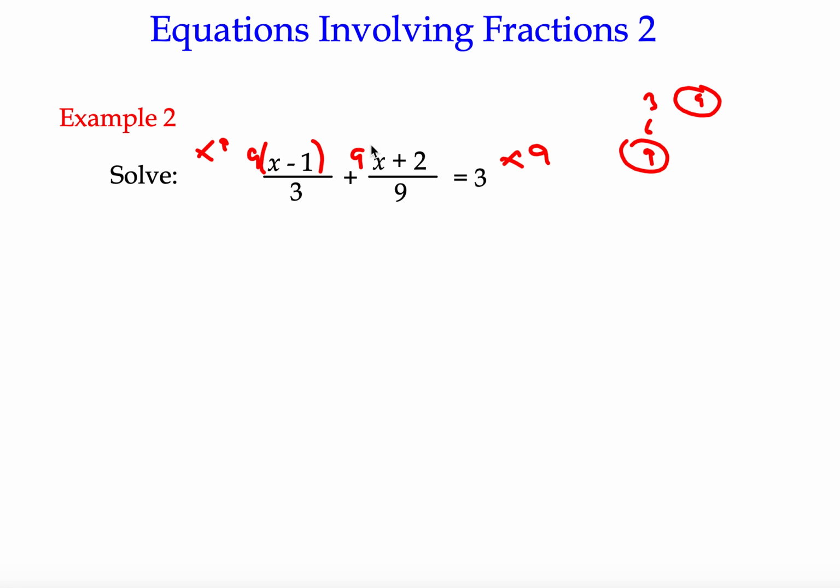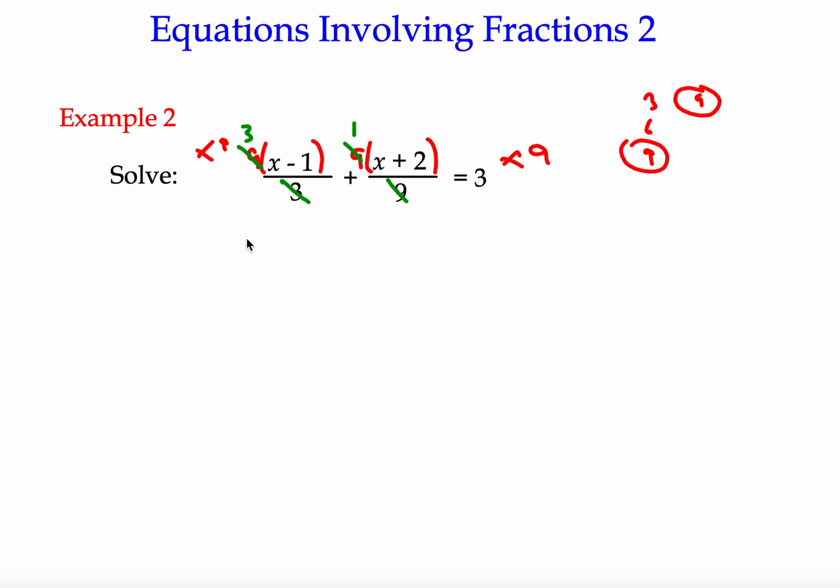And that's probably quite a good idea because it already introduces the brackets that we're going to have to probably keep in there. So if you put a 9 in front of both of them, you can see that 9 divided by 3 is 3, and 9 divided by 9 is 1.